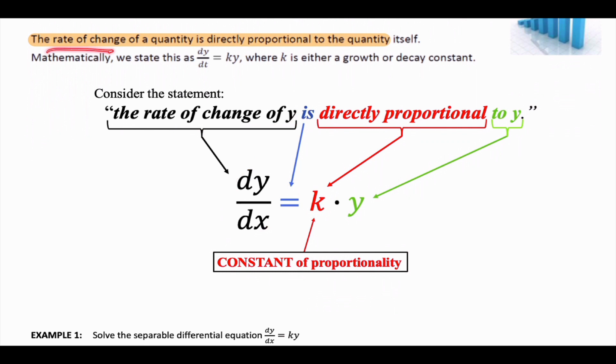So when we say the rate of change of a quantity, y, is directly proportional to y, what we're saying is this right here. We're going to be using this on every single problem we do today, because of this statement here. You will see this statement or something like it in every single problem we do. That's how we know it's exponential growth and decay.